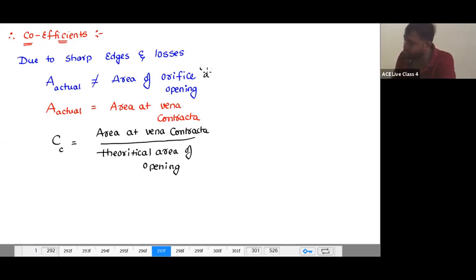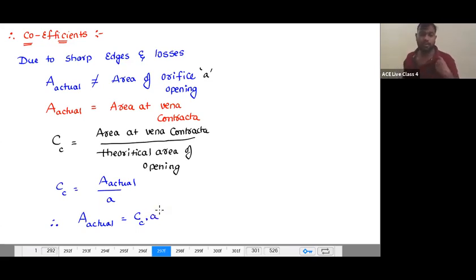So let me represent this as a small a. So from this, CC is equal to actual area by small a. And what is the actual area now? The actual area is equal to CC into A. So it is the area of the jet or the flow at vena contracta by the theoretical area of the orifice opening.